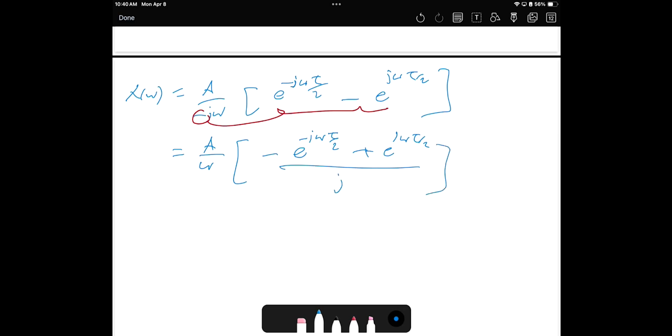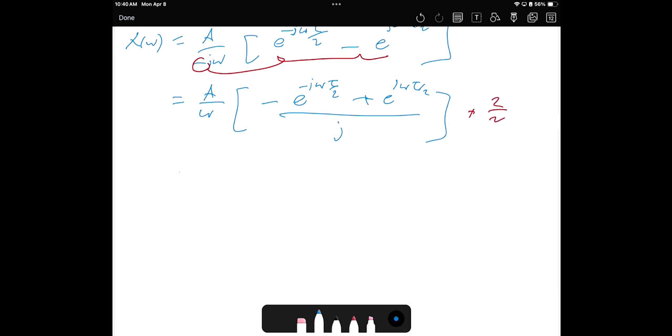And I can multiply by 2 over 2 as well. So this yields 2A over omega, times e to the power j omega tau over 2 minus e to the power negative j omega tau over 2, divided by 2j.